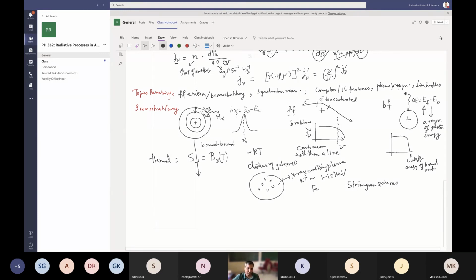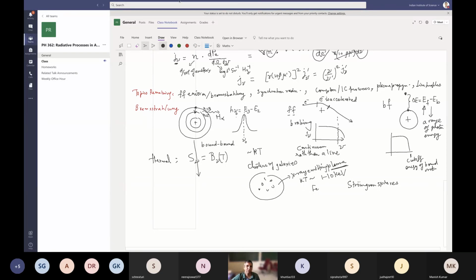There also you have a thermal ionized plasma. Basically, it should be a plasma which is mostly ionized, which gives rise to Bremsstrahlung. So this was the big picture overview.